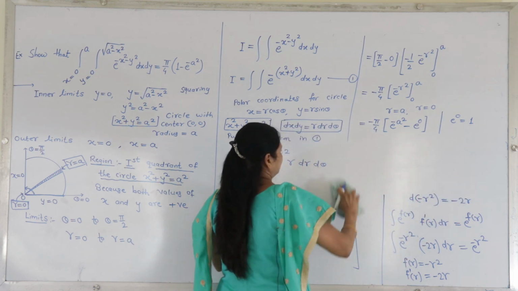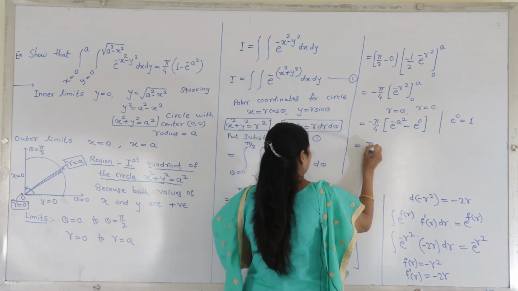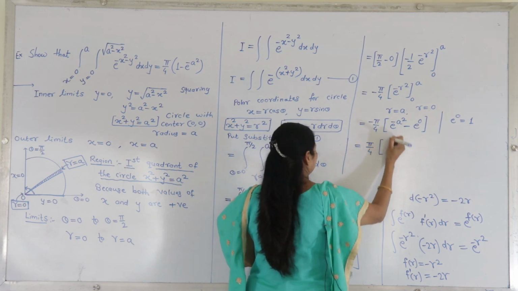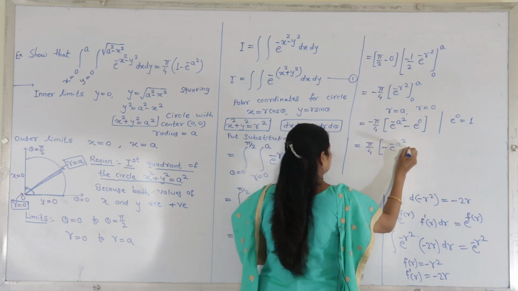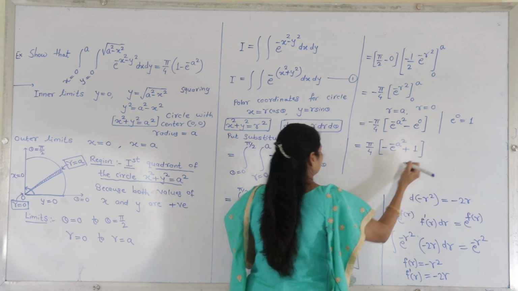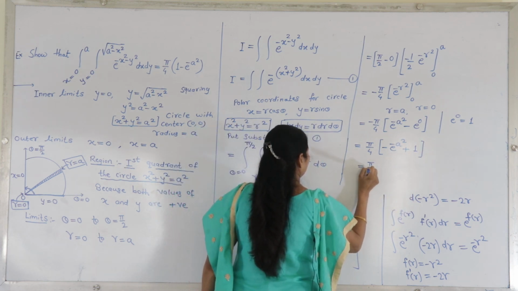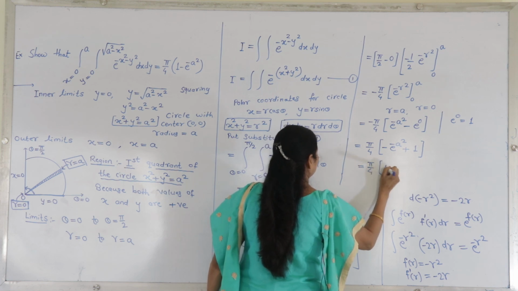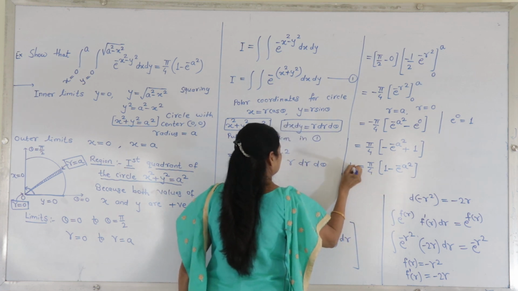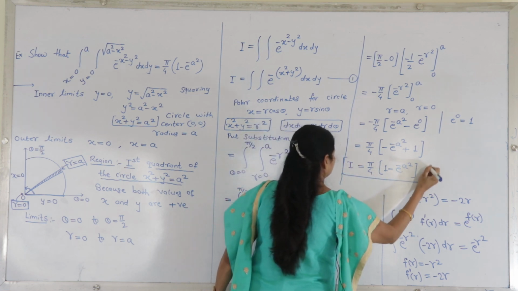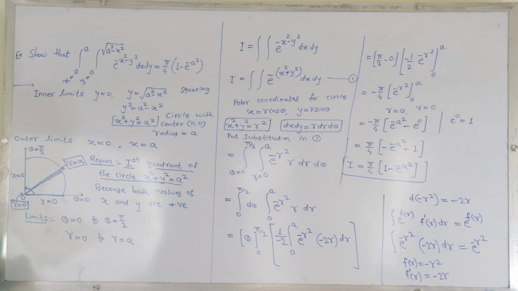Then pi by 4, if we take the minus sign multiplied inside, minus e raised to minus a square, minus minus plus, e raised to 0 is 1, and the answer is pi by 4 into 1 minus e raised to minus a square. Answer. Last value.